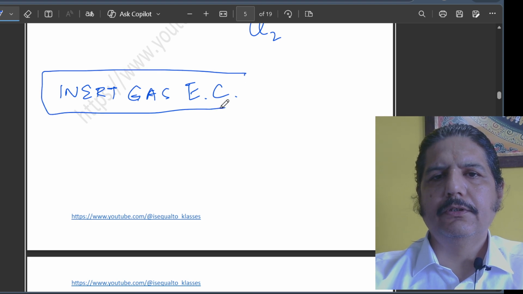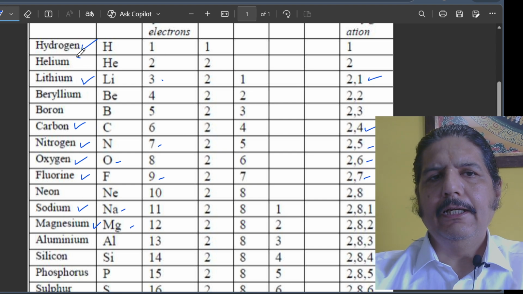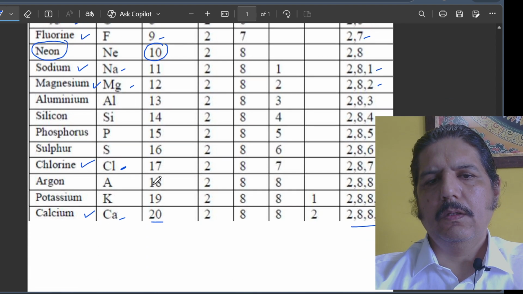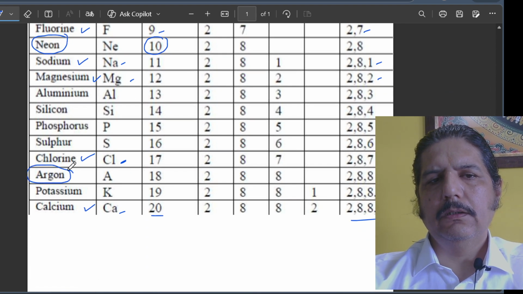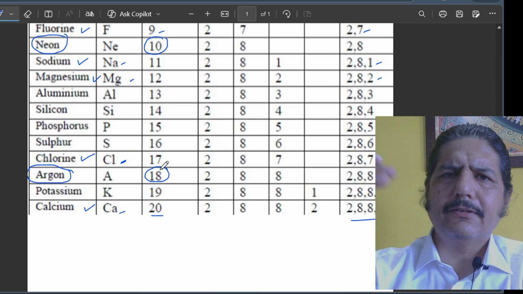So what is the meaning of inert gas? Now I hope you know that helium has atomic number 2, neon atomic number 10, argon atomic number 18.